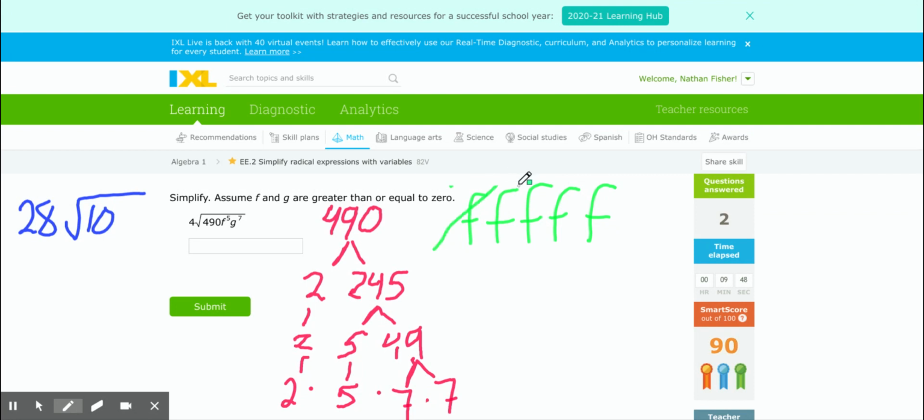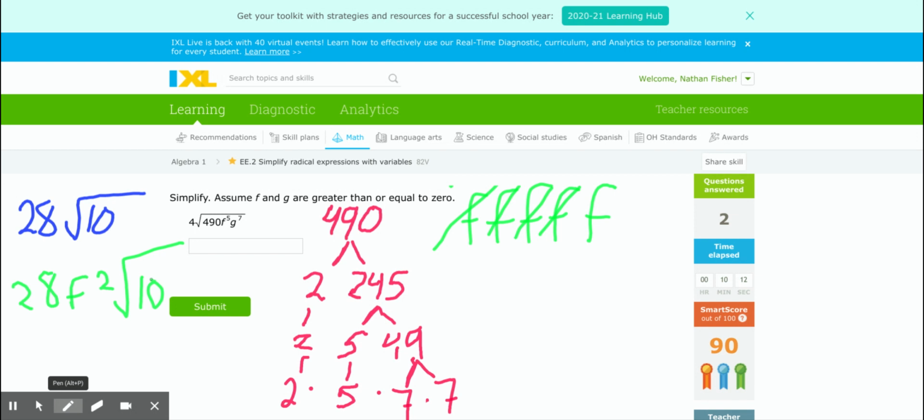Now, if I think about the letters, F to the 5th, that means I'm going to have 5 of them. So if I have 5 of the same thing, so let's do F, F, F, F, F. If I have 2 of something, remember it crosses out, and that would bring 1 out front.